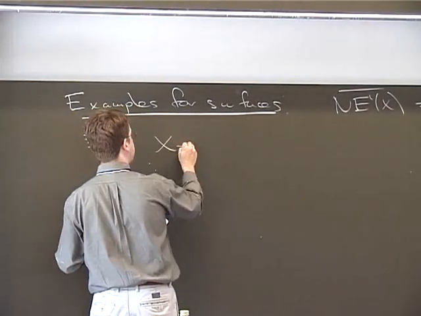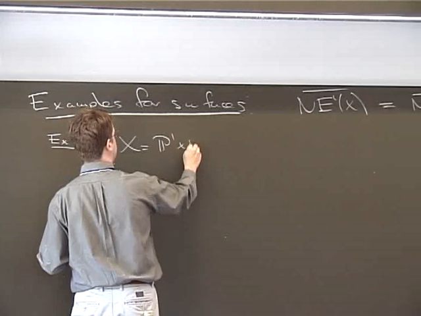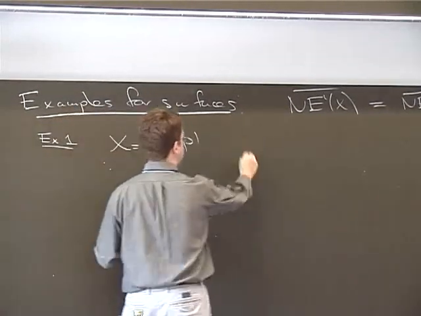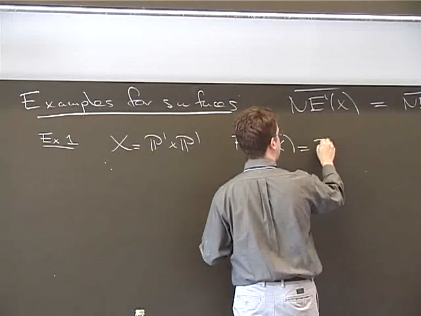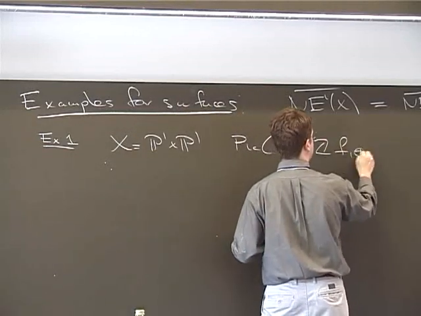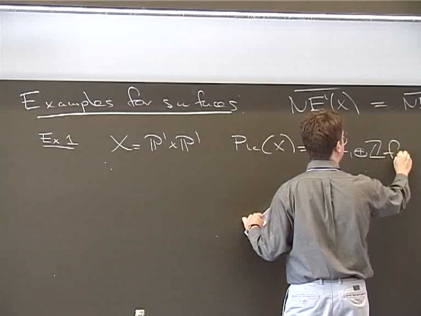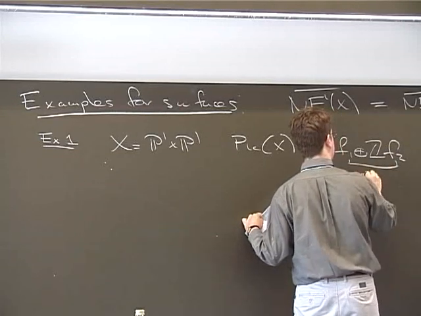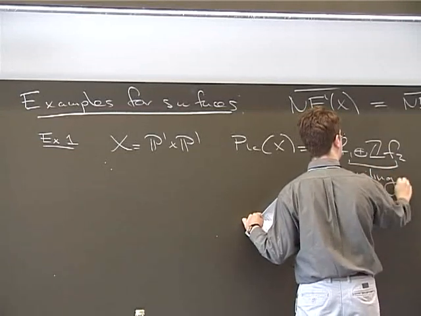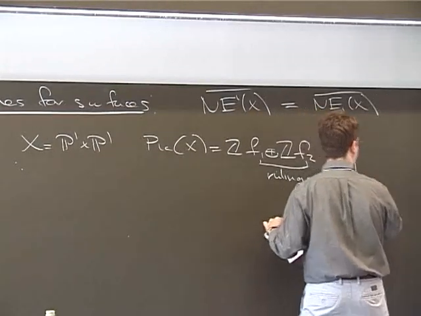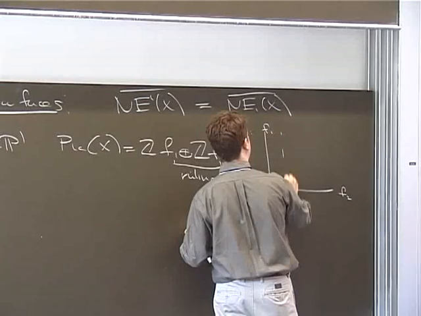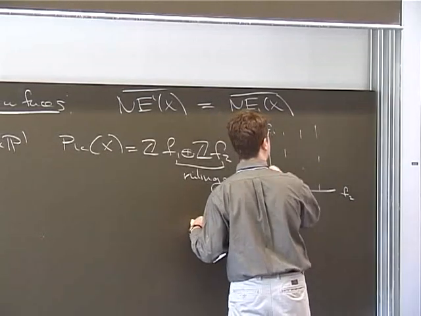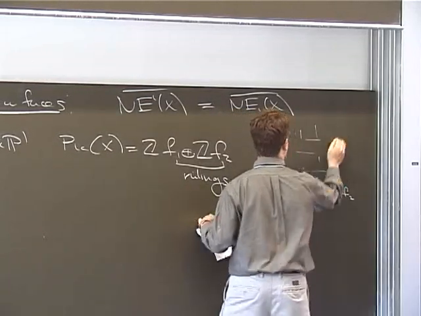So let's take X equal to P1 cross P1. Then the Picard group is generated by the two rulings, so these are just fibers of the projection maps onto the two factors.